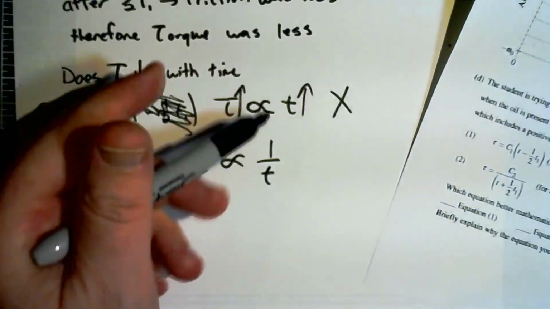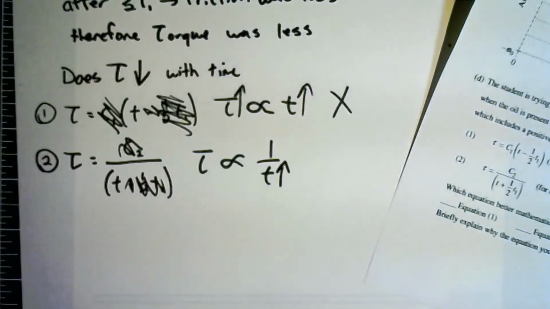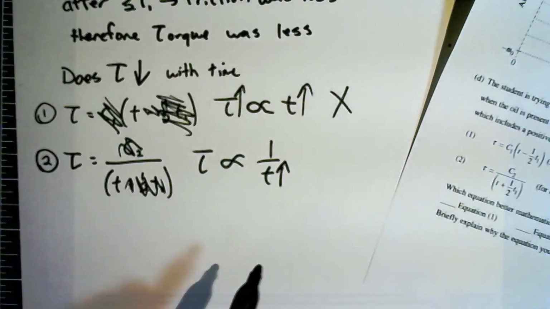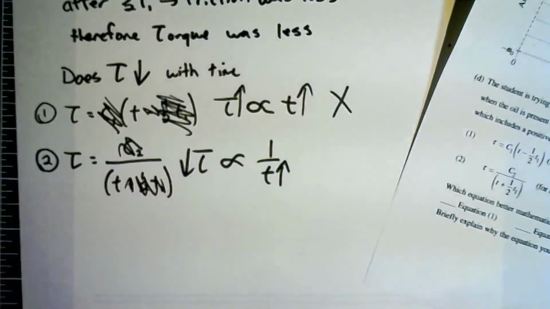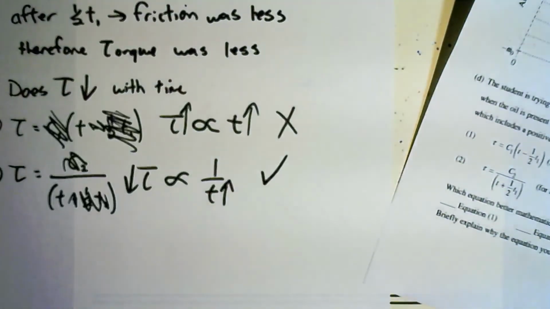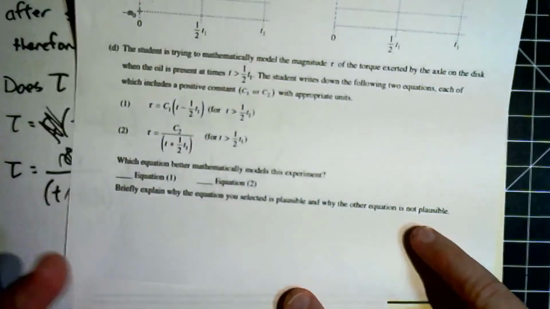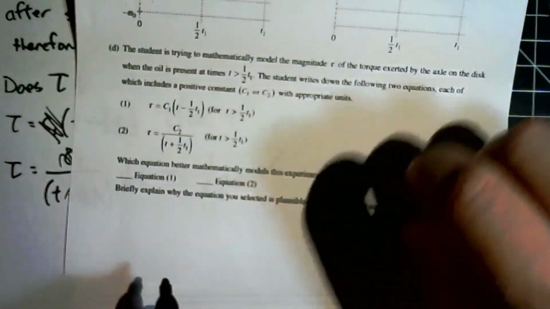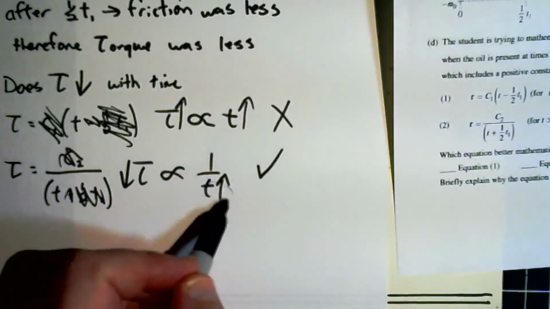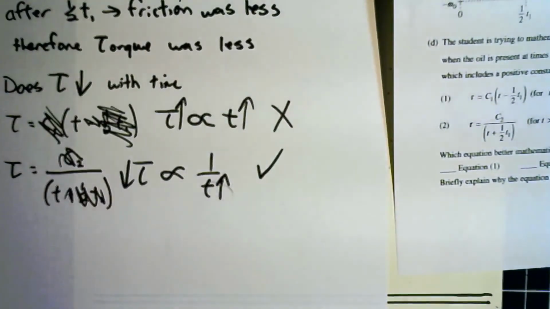And so in this case, if this denominator goes up, in other words, as time progresses, you get further and further along in time, the torque has to go down. And so equation number 2 is the better model. Is it correct? Who knows? We just know it's better than this one, because as time goes up, the torque gets less.